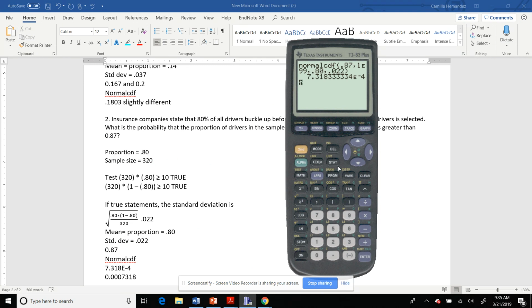So I'm going to do normal CDF, and I'm going to do 0.87, comma, 1, second, comma, 0.80, comma, and then 0.02. Close it. Nope, what did I do wrong? Let me figure it out. That really changed it. So you probably do want to be using longer decimals, right?